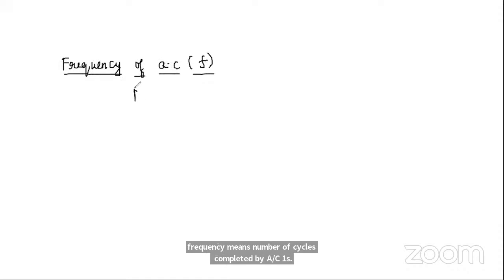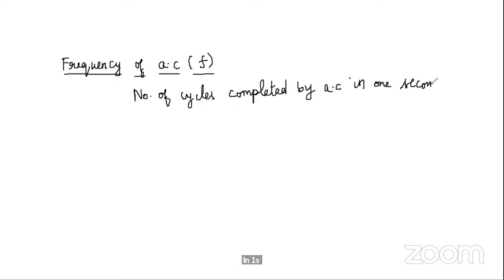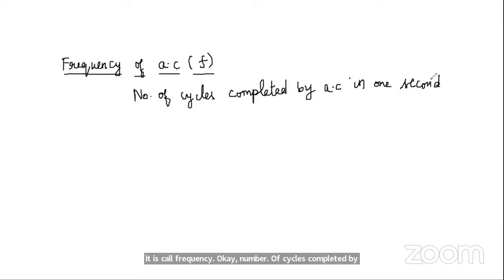The number of cycles completed by AC in 1 second is called frequency.